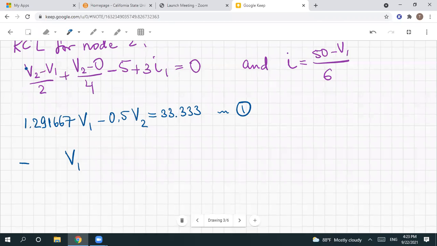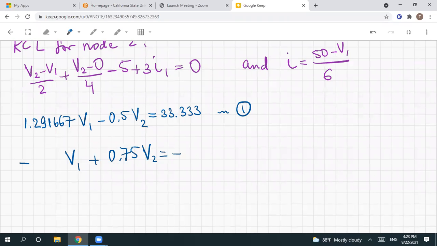For V2, I have half and 1/4 here, so it will be plus 0.75 V2. And then I will take this 5 to the other side of the equation, plus 3 times 50 over 6 to the other side of the equation.